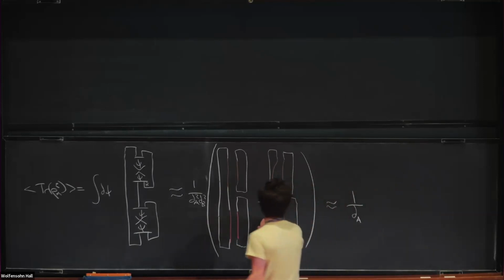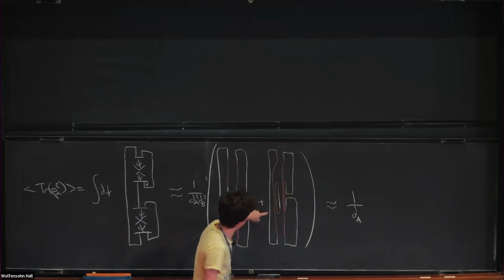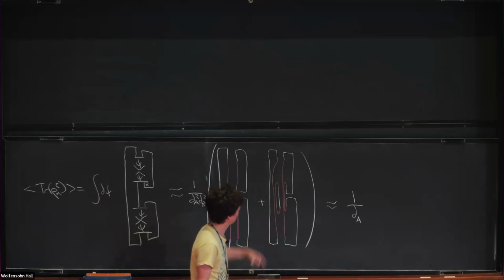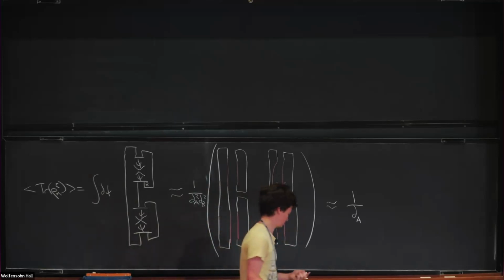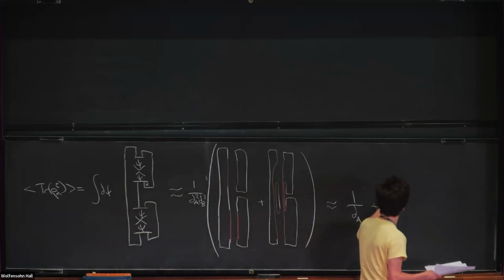And then in the second term, we see that we now have two A loops and only one big B loop. So that gives us a final answer of 1 over dB.